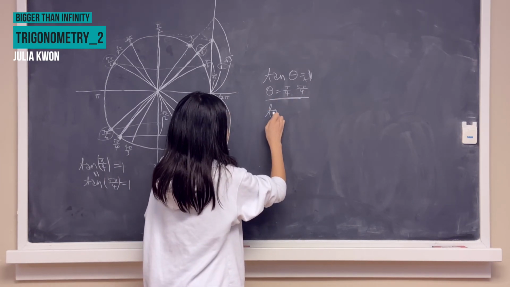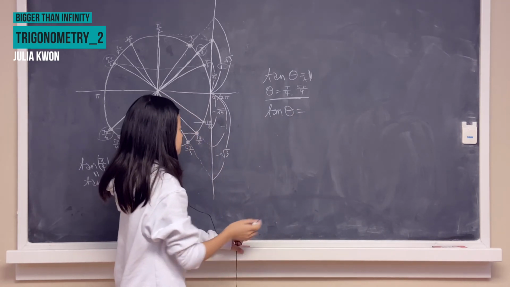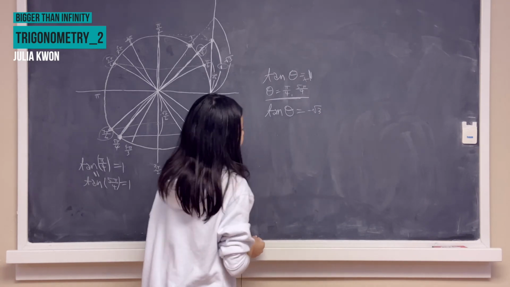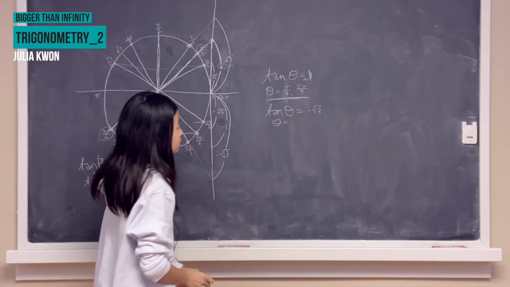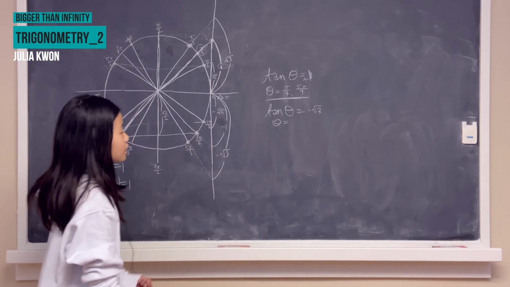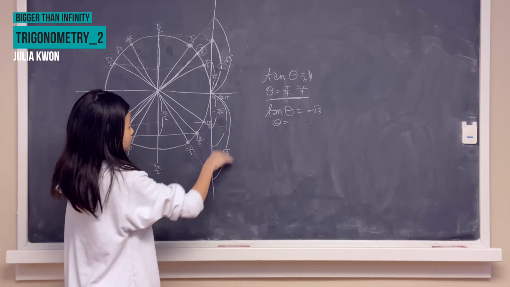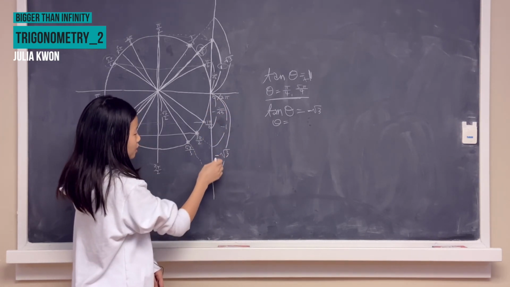Another example can be tangent theta equals negative square root of 3. And so here, theta could be, since we're working with negatives here, we would only be paying attention to this side, since it's a negative part of the graph.